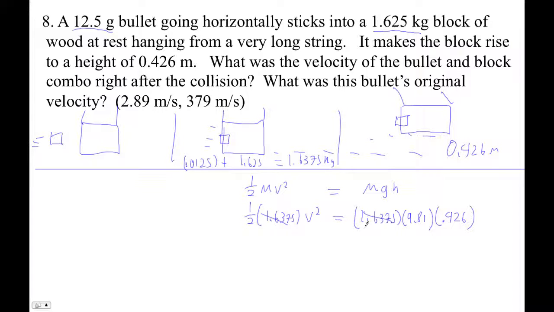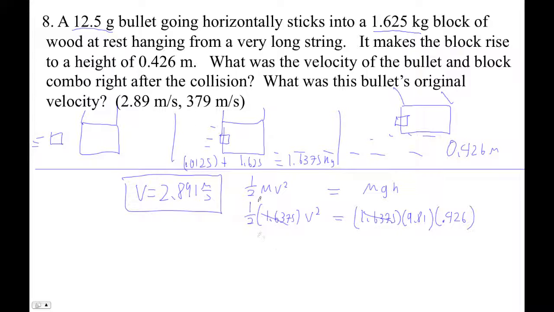So I'm going to solve this thing: square root of 2 times 9.81 times 0.426. And I get that the velocity here is 2.891 meters per second.